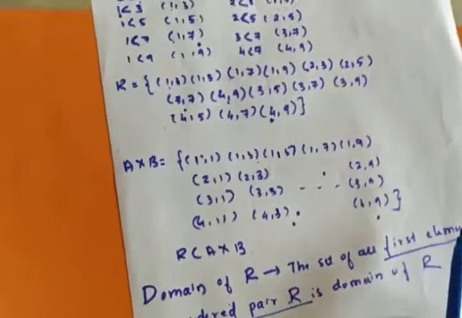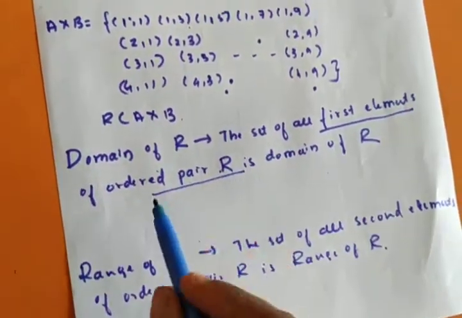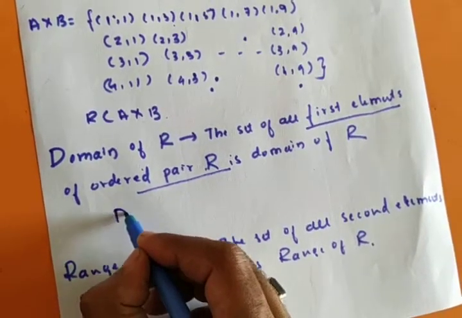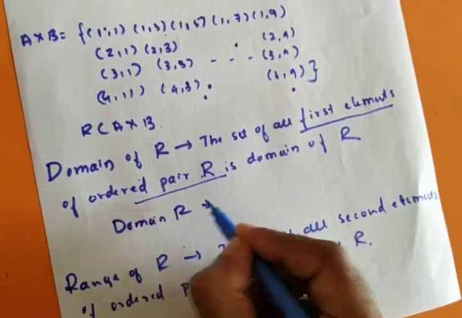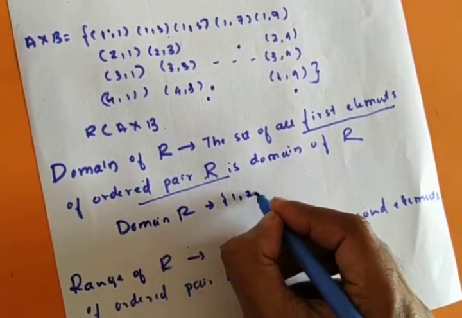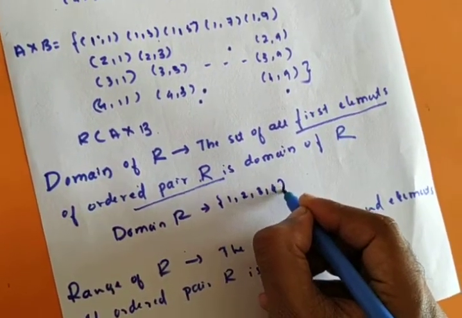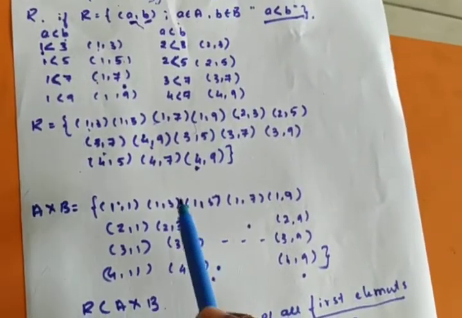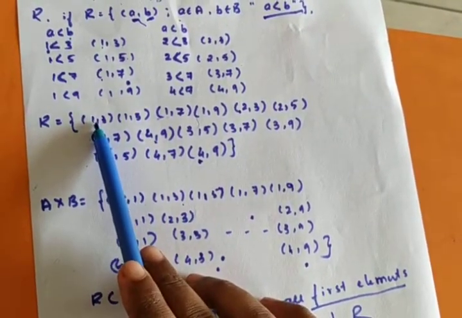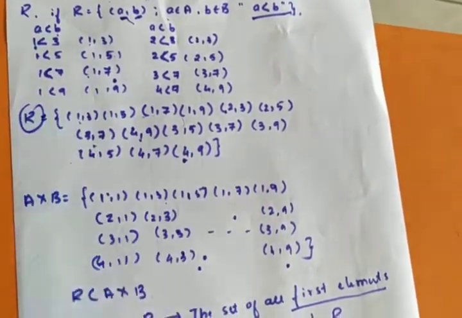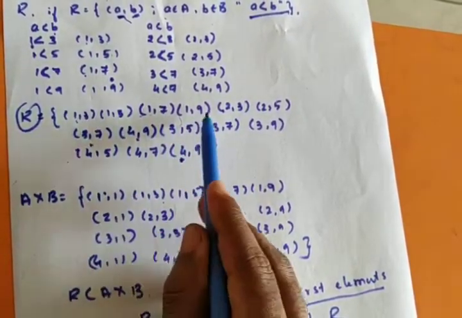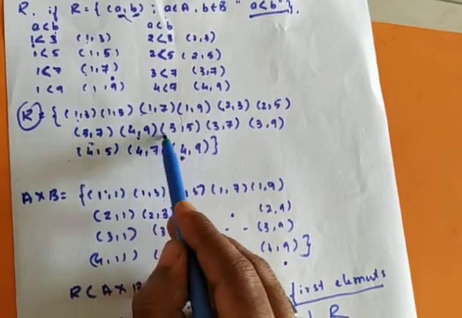Okay, so here we can write the domain of R as 1, 2, 3 and 4. In the relation R, the first elements of the ordered pairs are 1, 2, 3 and 4.